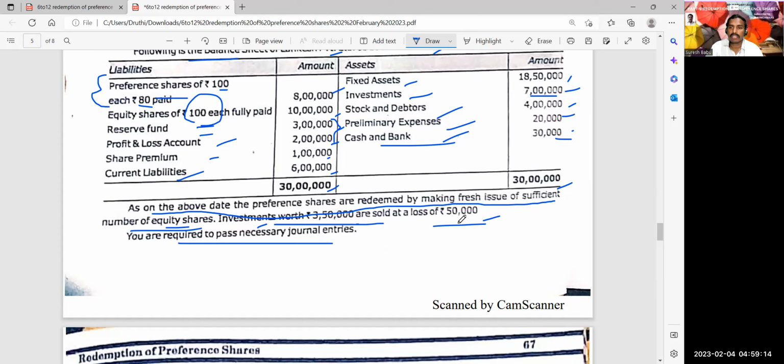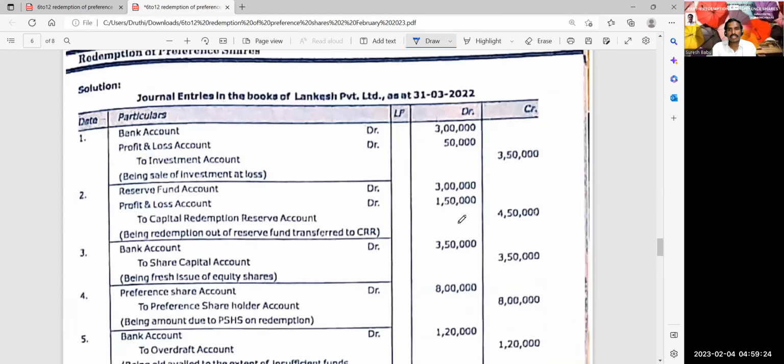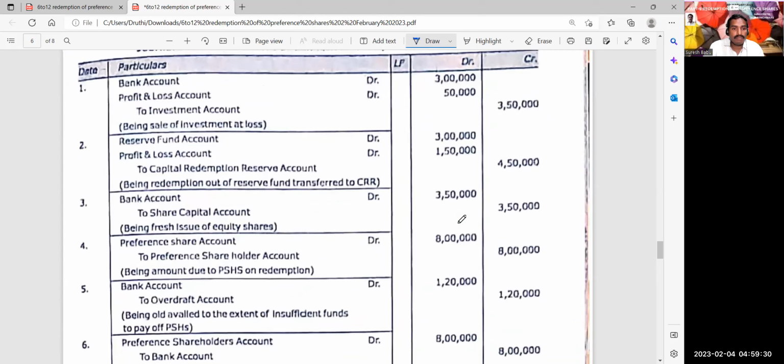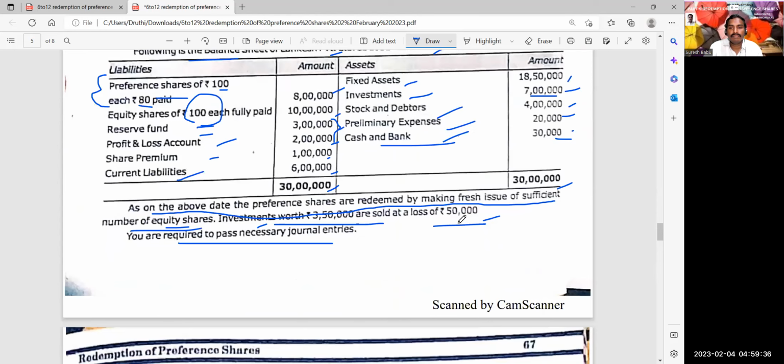Why are you selling? Because there is a need of cash, which would be payable to preference shareholders. Let us see what it is all about. What is the condition?